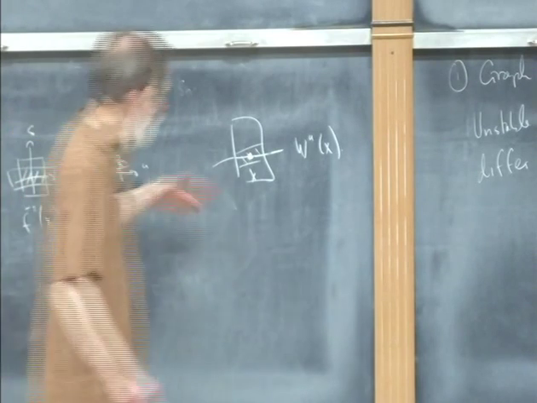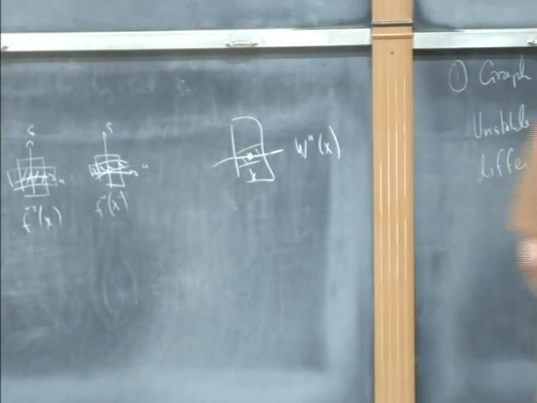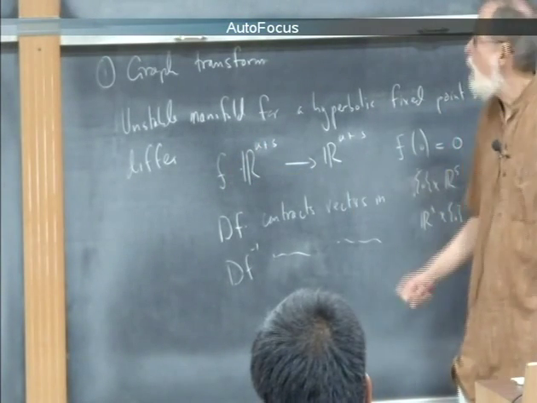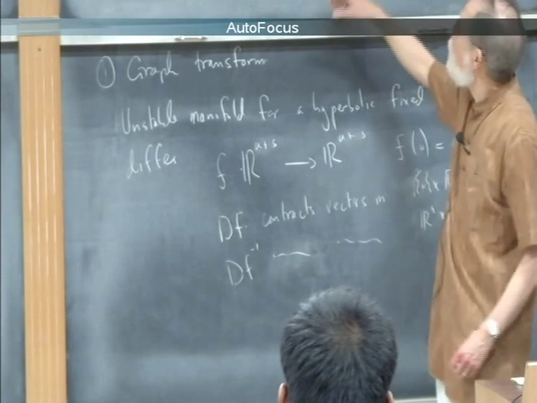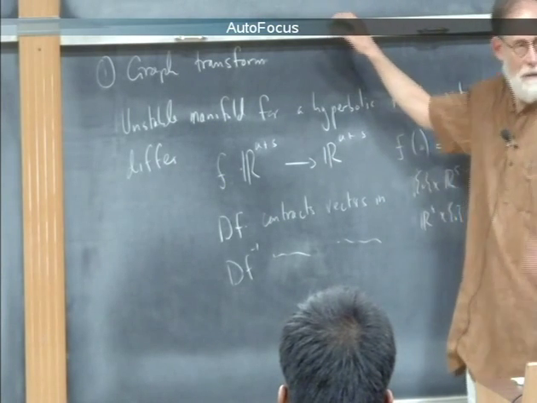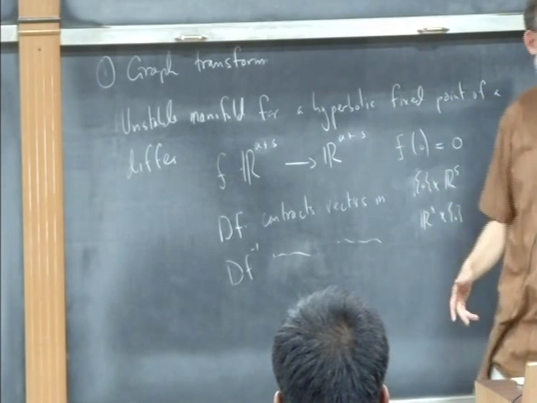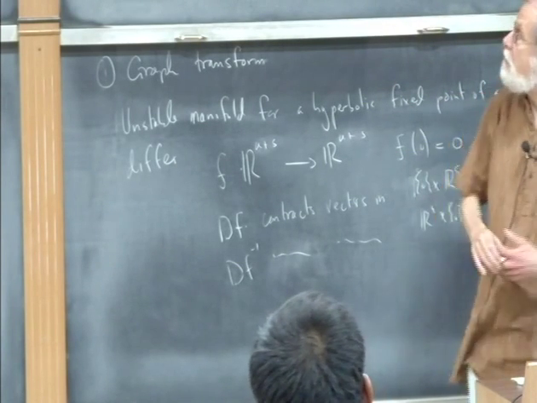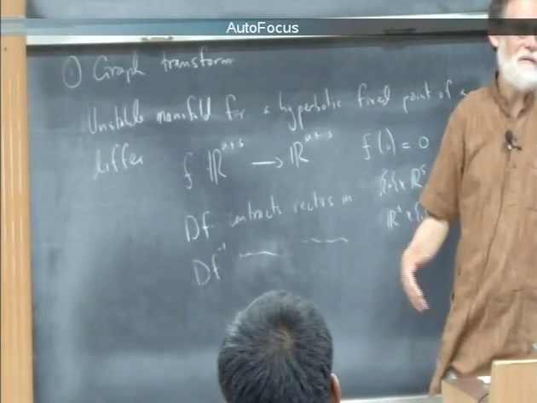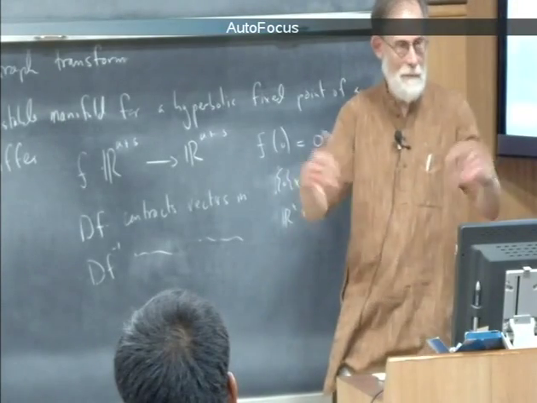If you want higher order derivatives, what you do is, instead of just looking at f, you look at the derivative of f acting on the tangent bundle. And if f is an Anosov, the derivative of f is also going to be an Anosov.